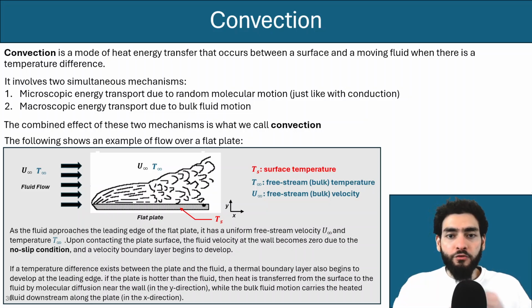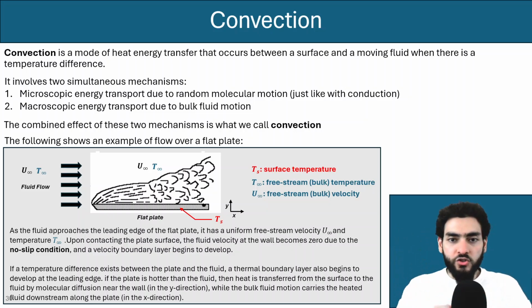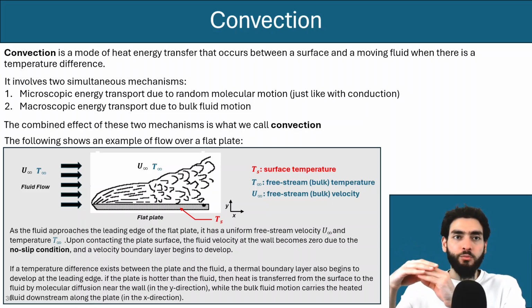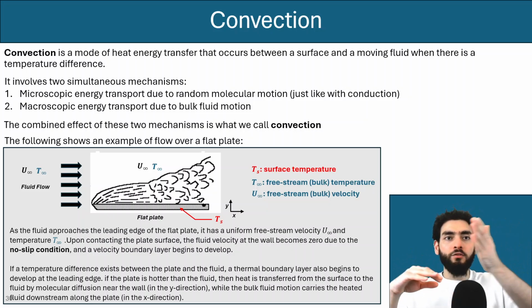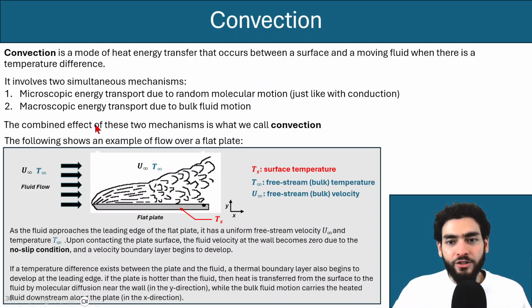The first mechanism is, very close to the wall where the fluid is traveling, a microscopic energy transport due to the random molecular motion just above the solid surface, just like with conduction. However, just above that, where the microscopic energy transport dominates, you have the bulk fluid motion, which is the macroscopic energy transport.